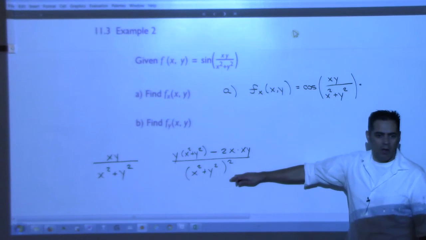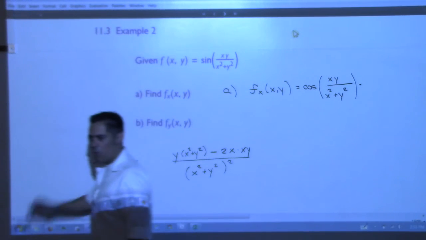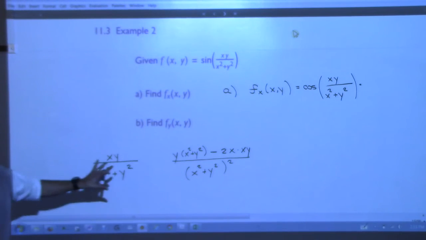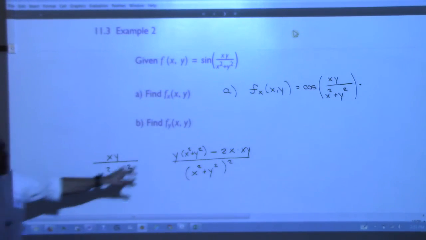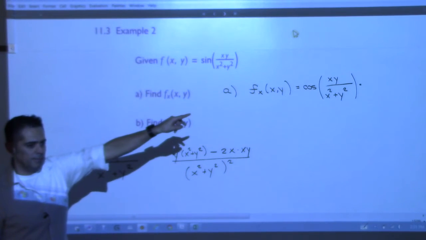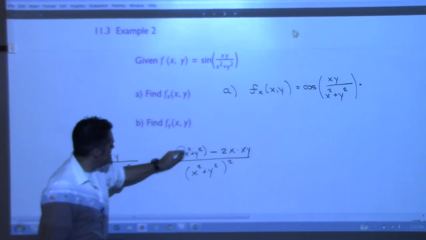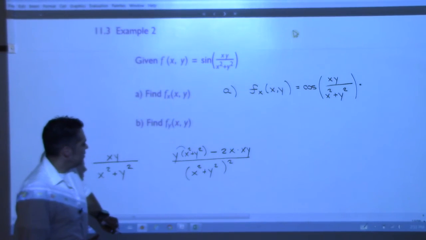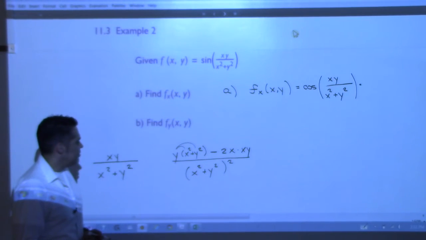Any questions on the quotient rule with the partial derivative on this? Like why anything is what it is? Now's the time? No? That gets tacked on to the end of that, doesn't it? Yeah. And I think I can clean it up, can't I? Like this right here is x squared y. And that's y cubed.